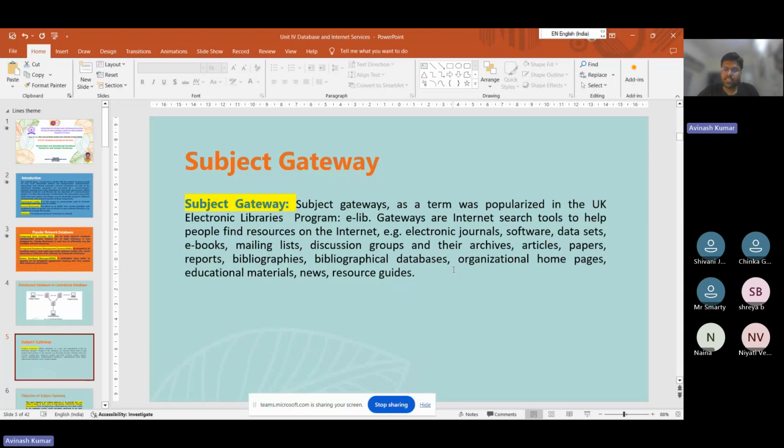Suppose you are a student of engineering, you can find the engineering subject gateway, which provides all the engineering related information. And if you want medical related information, that particular information is on the particular website. Okay, so these are all examples of the subject gateway. Subject means particular subjects, right?